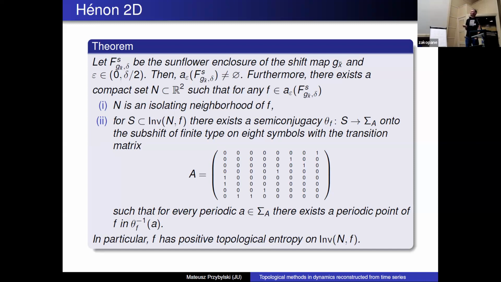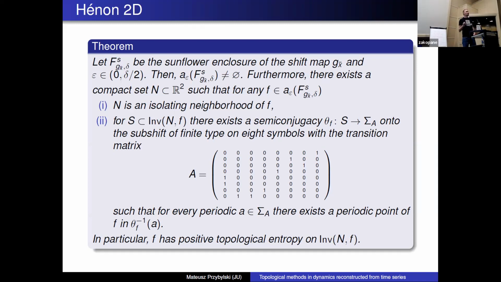Moreover, we found the isolated neighborhood for our sunflower enclosure multi-valued map. And this isolated neighborhood coincides with the isolated neighborhood for all epsilon approximations. And moreover, there is a semi-conjugacy from a subset of the invariant set for epsilon approximation, for every epsilon approximation, to the subshift of finite type on 8 symbols here.